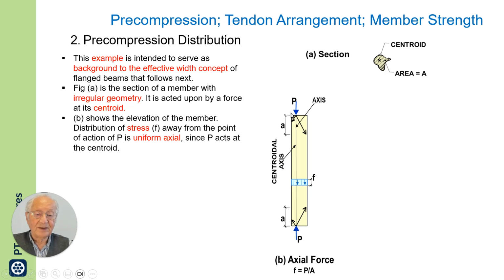This is a member, its cross-section shown in A. Purposely, I have selected an irregular cross-section. B shows the elevation of the member with this irregular cross-section.